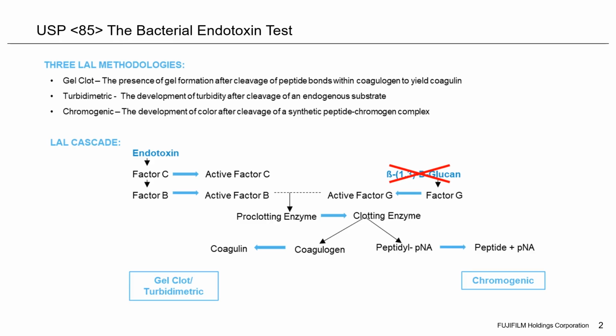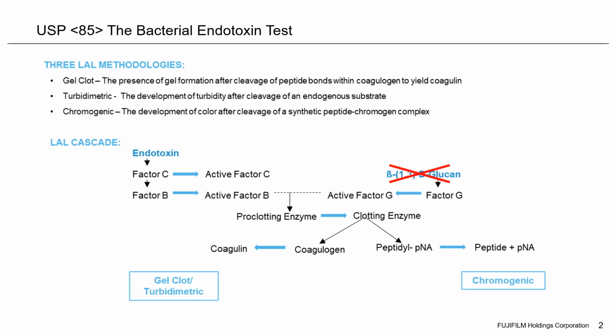The first methodology is called the gel clot technique. This measures endotoxin by the presence of gel formation after cleavage of peptide bonds within coagulogen to yield coagulin. You can see the LAL cascade that I've illustrated here, showing the reaction that takes place with these protein factors when endotoxin is introduced.